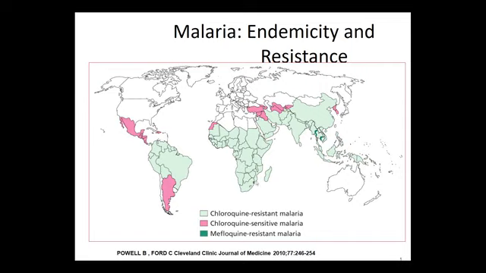So you see how many countries have chloroquine-resistant malaria, but still some countries have chloroquine-sensitive malaria. And some countries even have mefloquine-resistant malaria. It's data from 10 and 20 years ago. So nowadays, when 12 years have passed, this resistance map may change.